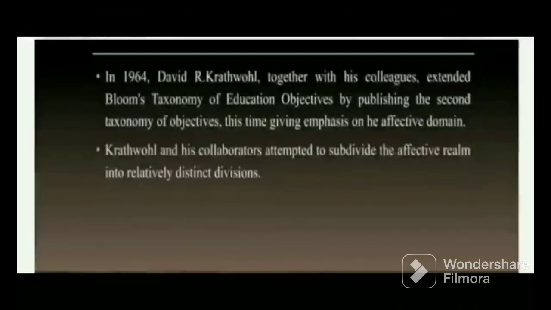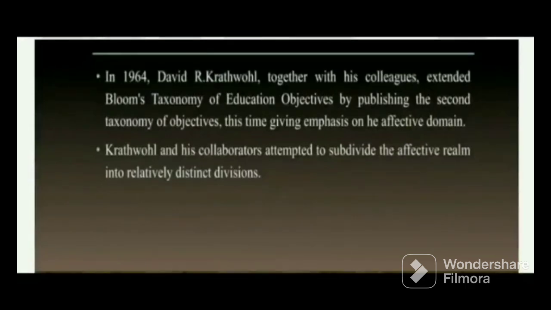Let's proceed with the affective domain of the taxonomy of education. In 1964, David R. Krathwohl, together with his colleagues, extended Bloom's taxonomy of educational objectives by publishing the second taxonomy of objectives.